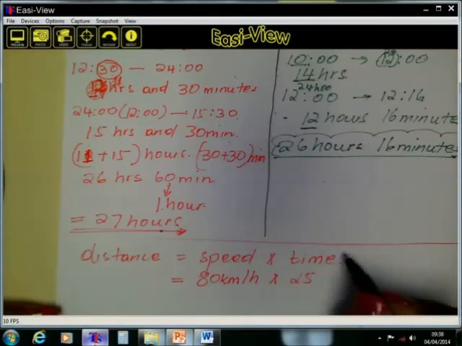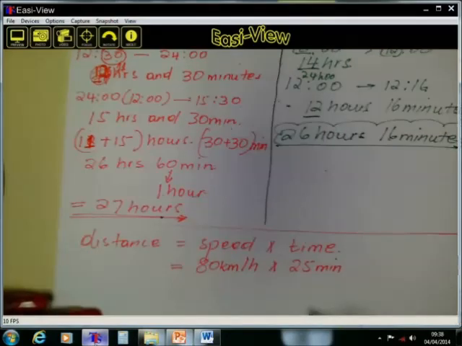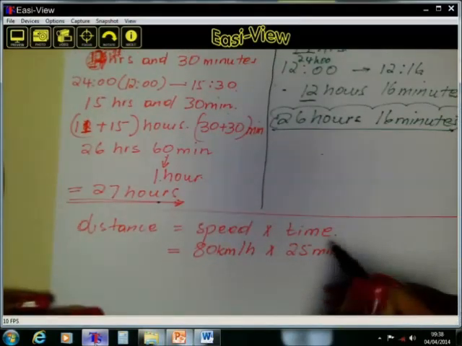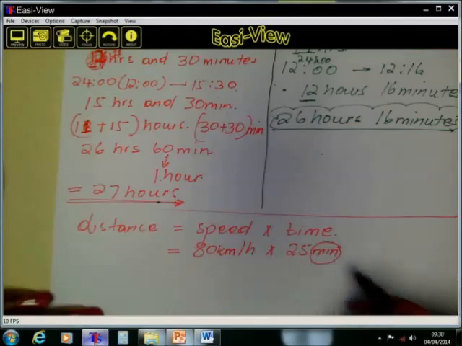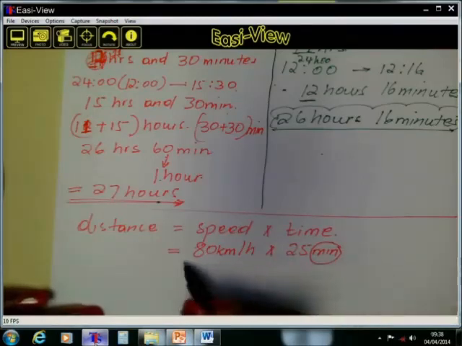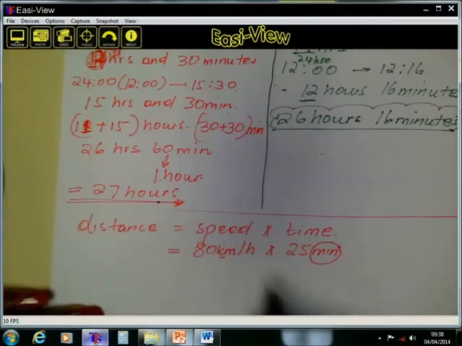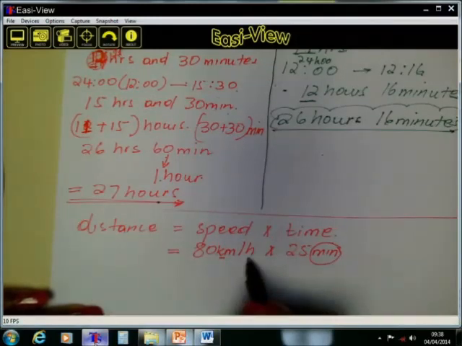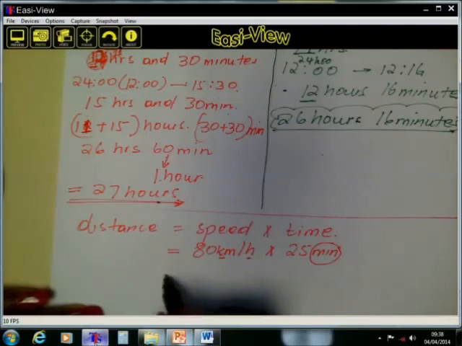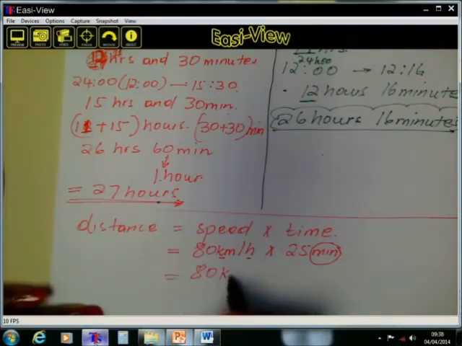So we multiply by 25 minutes. But remember, these minutes have to be converted to hours in order to get our distance in kilometers, because we have hours there. So we continue with our calculations.